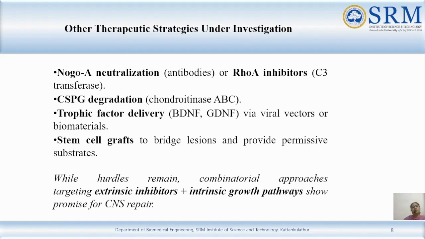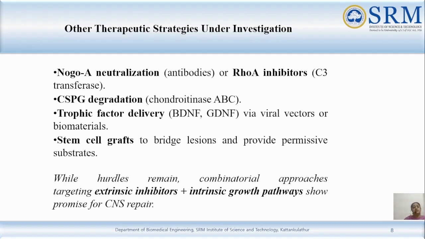Another strategy involves CSPG degradation using the chondroitinase ABC molecule, and there can also be trophic factor delivery. We can deliver growth factors like BDNF and GDNF via viral vectors or biomaterials, and then stem cell grafts can also be used to bridge the lesions in the neuronal cells, and they can provide a permissive substrate wherein neuronal regeneration can take place.